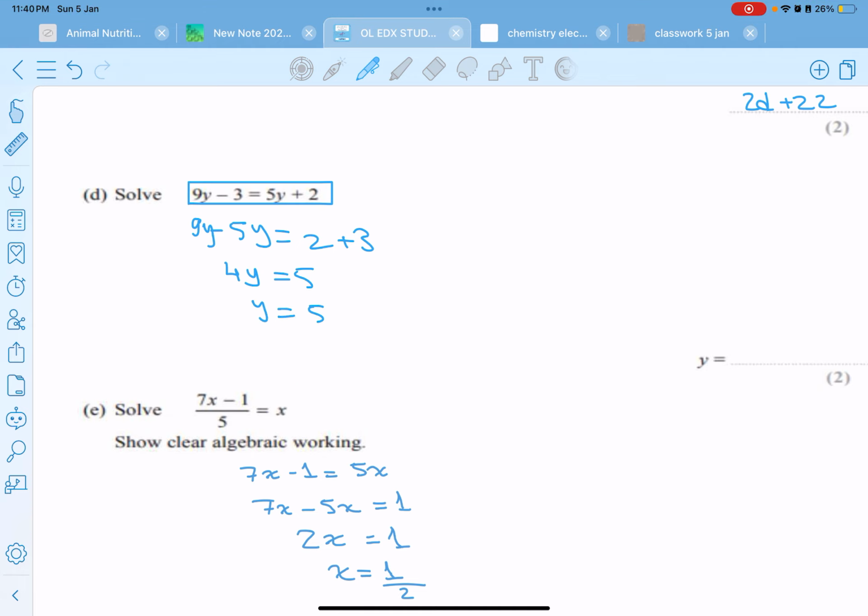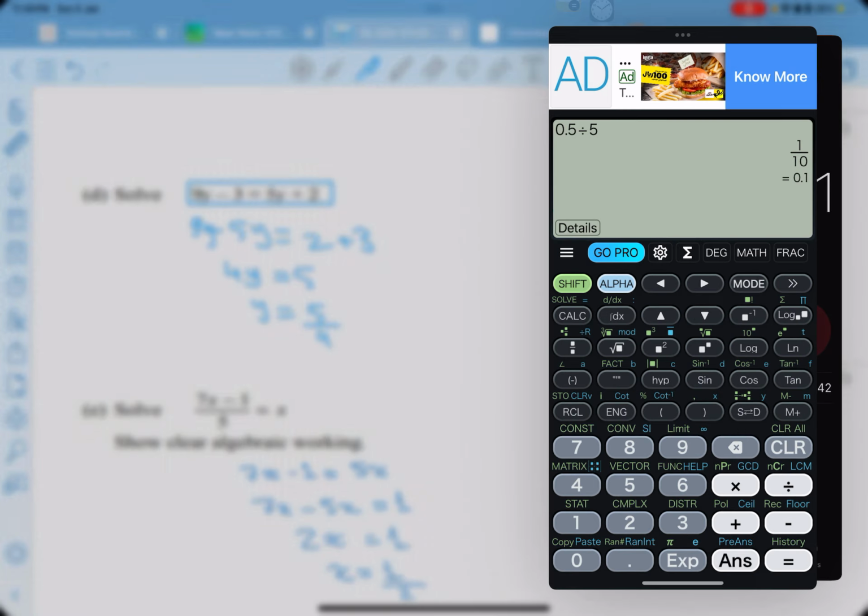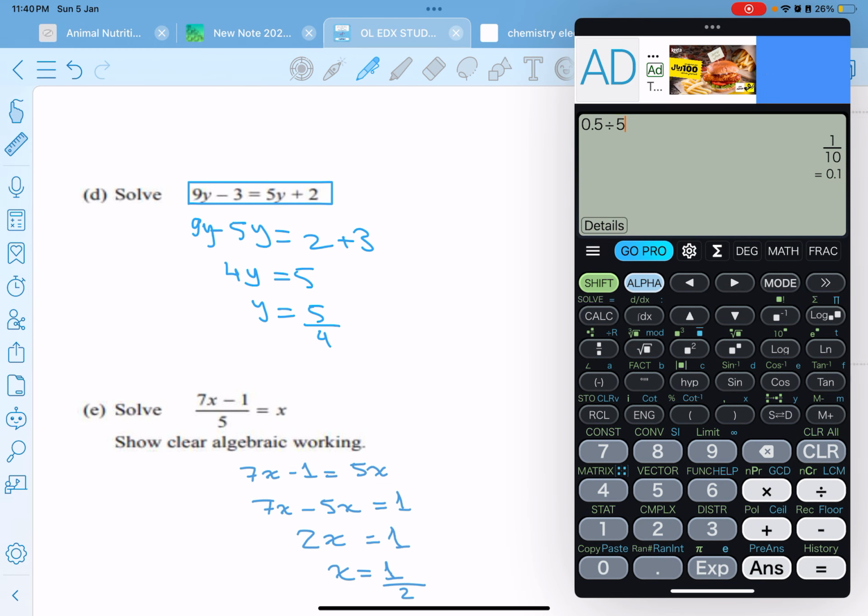So y is equal to 5 over 4. You can write it in brackets. 5 divided by 4 is equal to 1.25. You can also write it as a mixed number, 1 and a quarter.